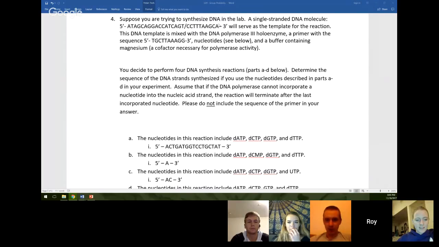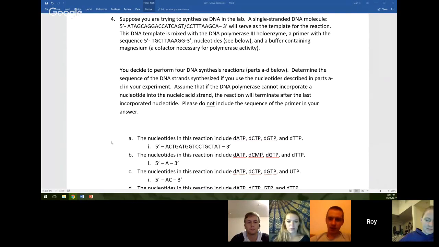And then the next part with A, it says you decided to perform DNA synthesis reactions, determine the sequence of DNA strands synthesized if you use the nucleotides described in parts A through D in your experiment, and assume that if the DNA polymerase cannot incorporate a nucleotide into the nucleic acid strand, the reaction will terminate after the last incorporated nucleotide.